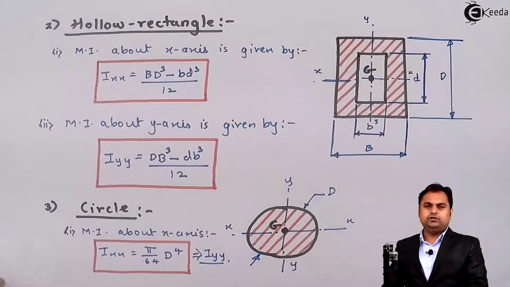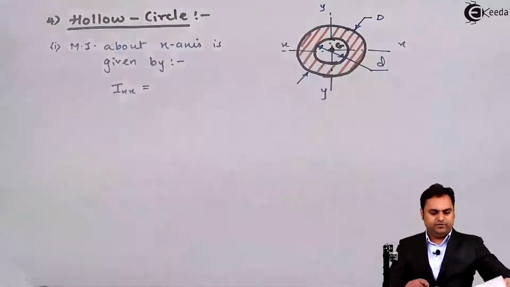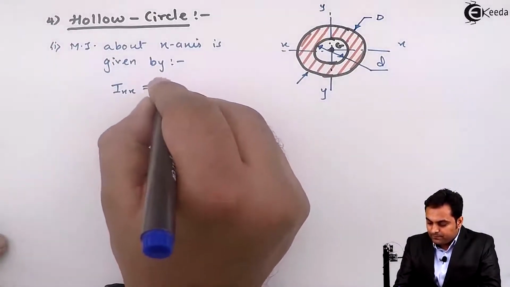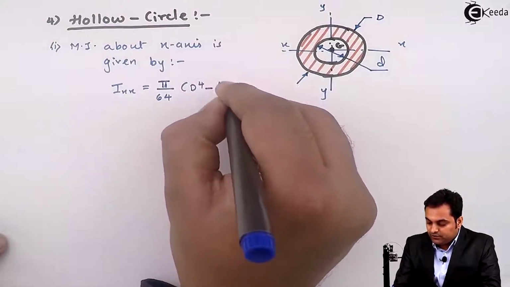Here we have a hollow circle. So from the outer circle moment of inertia, we will subtract the inner moment of inertia. So it is pi by 64 into capital D raised to 4 minus small d raised to 4.